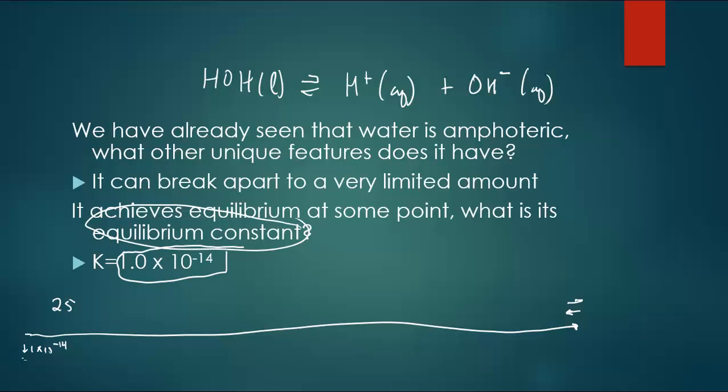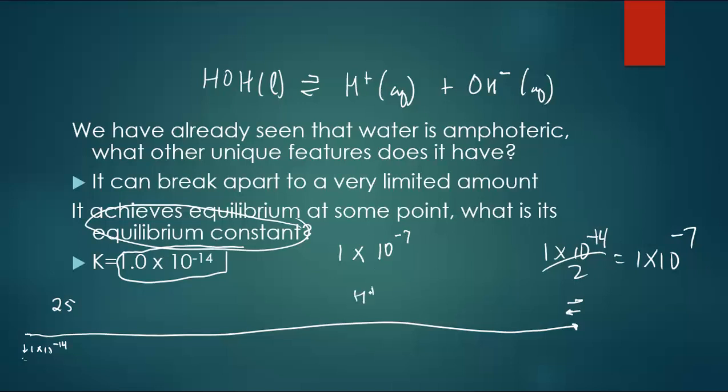But when it does, it breaks up into equal amounts. As you can see, in order to reach 1 times 10 to the negative 14th and to be made up of equal amounts, if you divide it by 2, what do you get? 1 times 10 to the negative 7th, correct? Okay, so what does that mean?